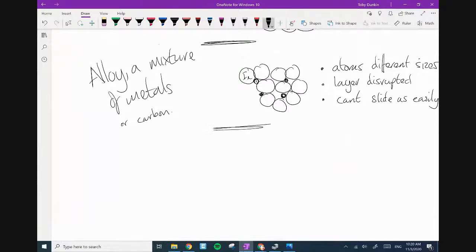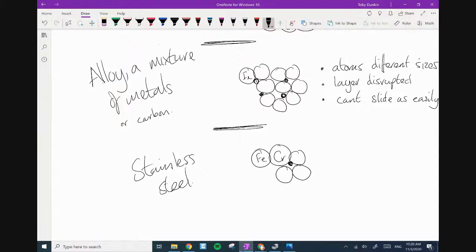So stainless steel, just for those people who are interested. The diagram is Fe, and then chromium. Now, chromium is larger. It's larger than iron, and carbon, which is very small.